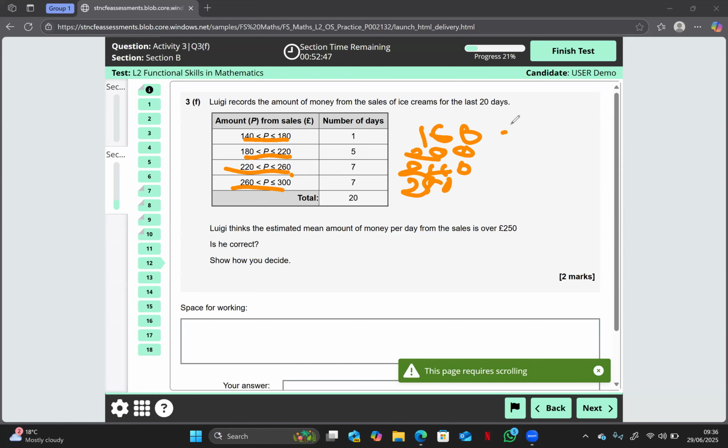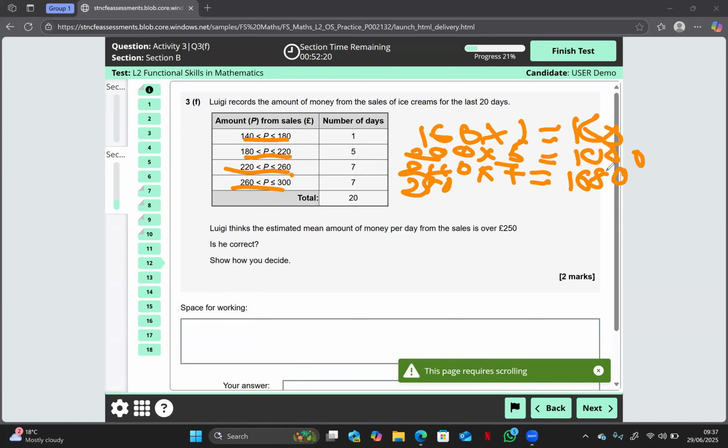Now, 160 multiplied by 1, which is the number of days, is 160. 200 multiplied by 5 equals 1,000. 240 multiplied by 7 equals 1,680.